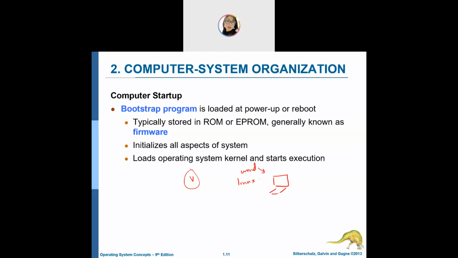So we want Windows, we want also Linux. So what we need to do is divide our computer and do a partition. One is Windows, another one will be Linux.